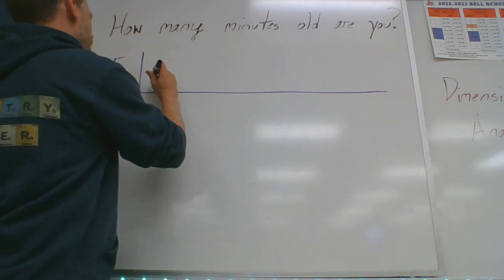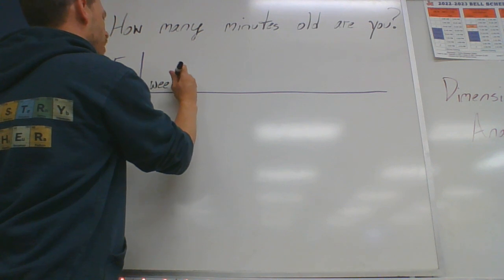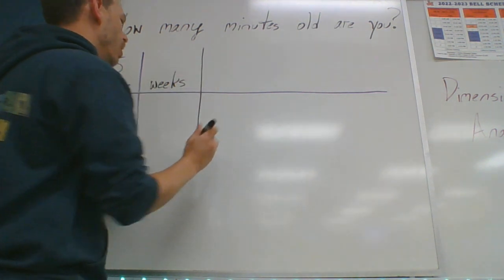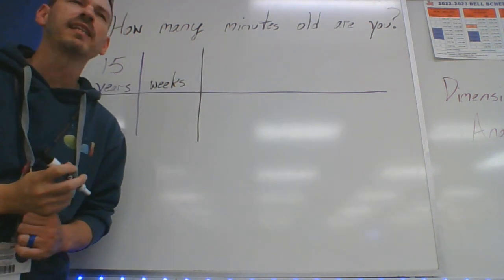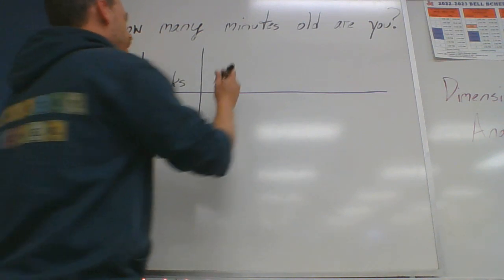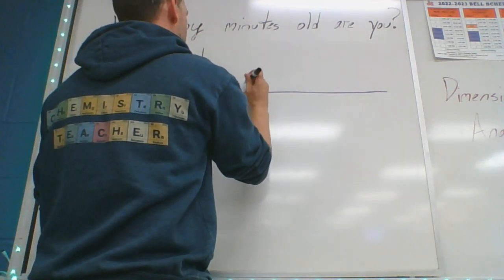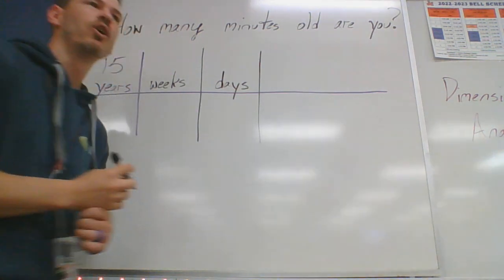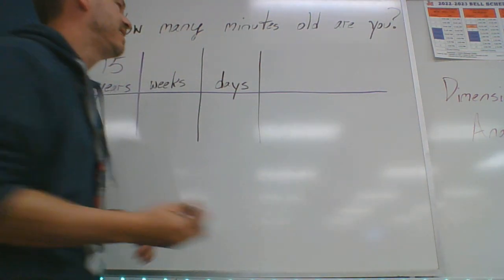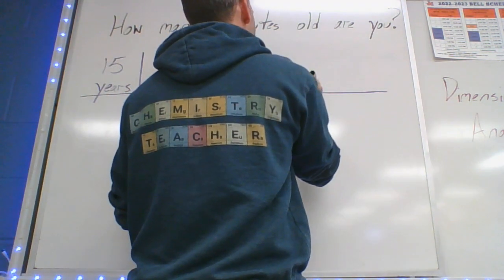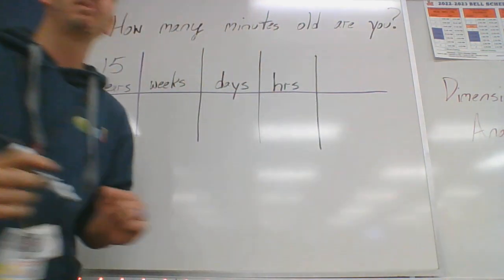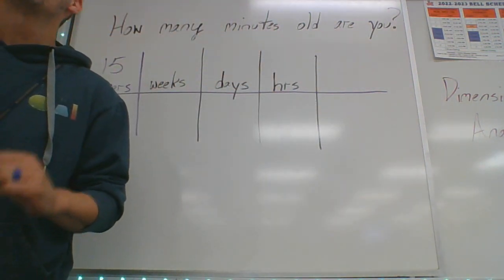Like, I know I can break years into weeks. What are weeks made up of? Weeks are made up of days. What are days made up of? Days are made up of hours. I bet you know my next question. Minutes.